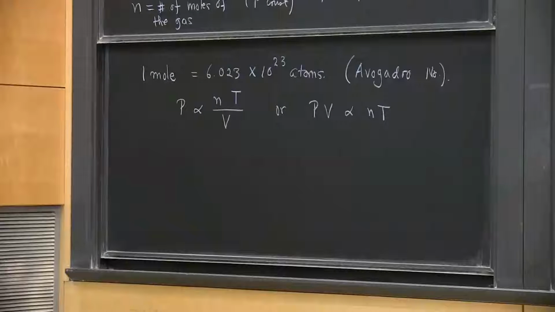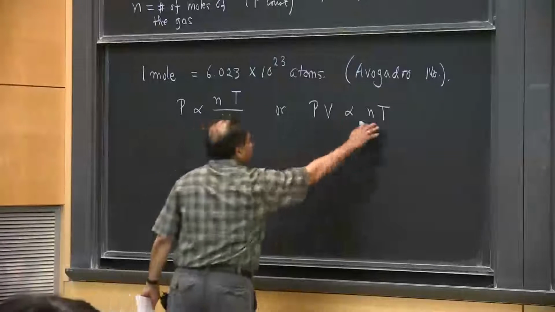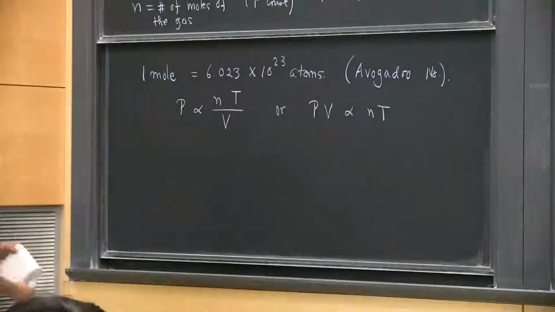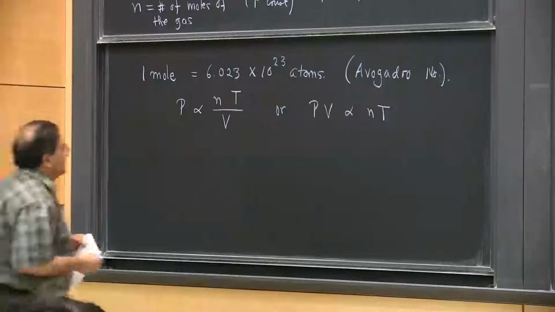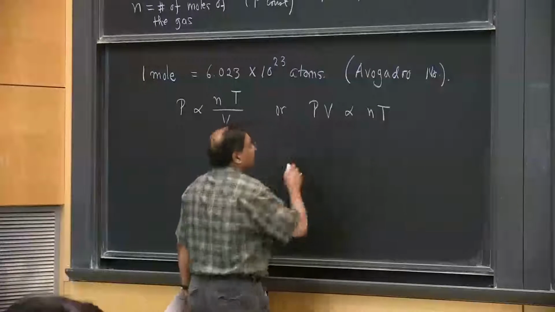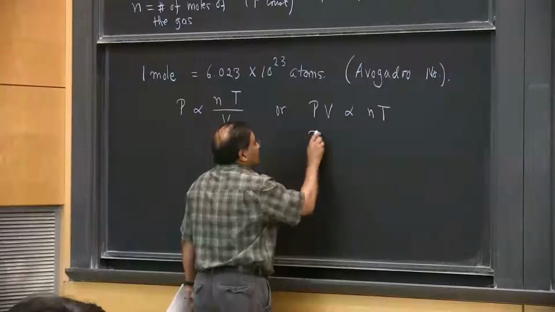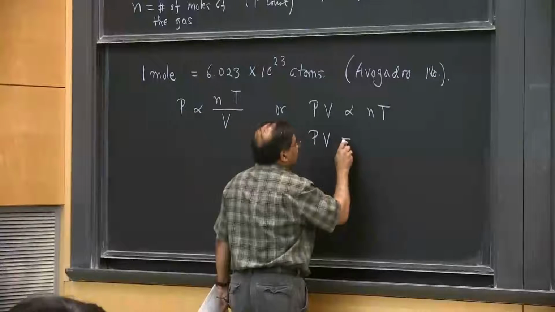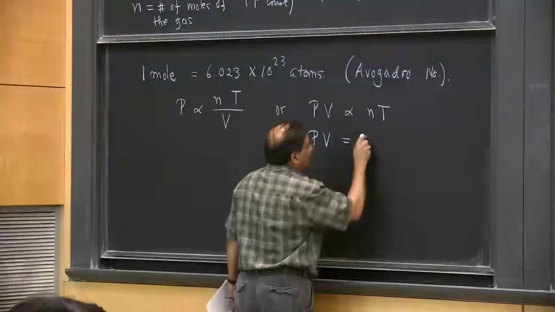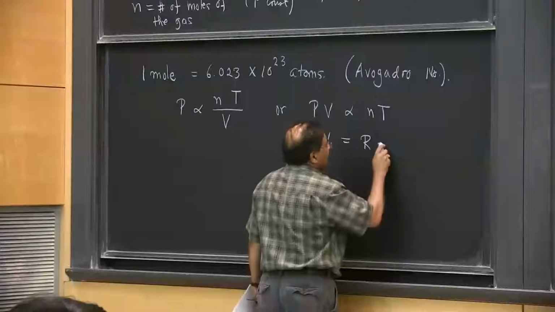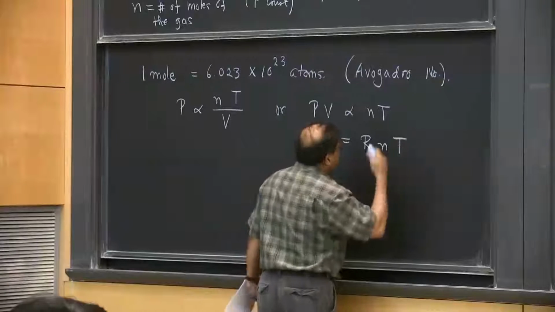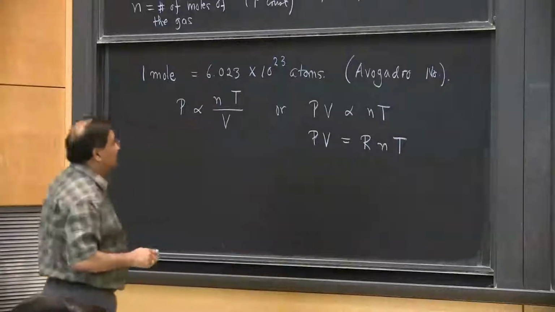So this one has a slightly appealing form because pressure times volume is energy, and this also will have an energy scale. And to get it the right energy scale, you need some kind of a constant here. So let's say then that this constant we denote by R for historical reasons, or NRT, that's a more common way of writing it.